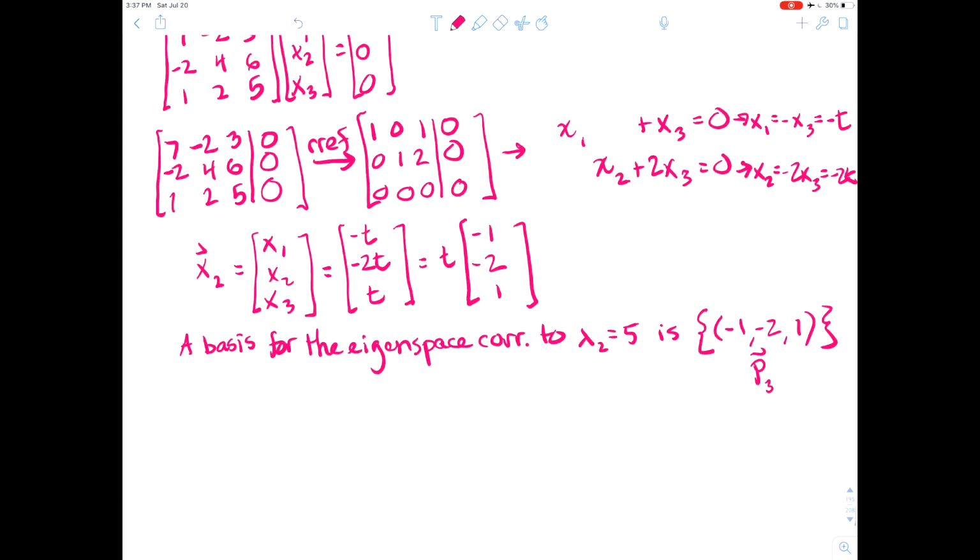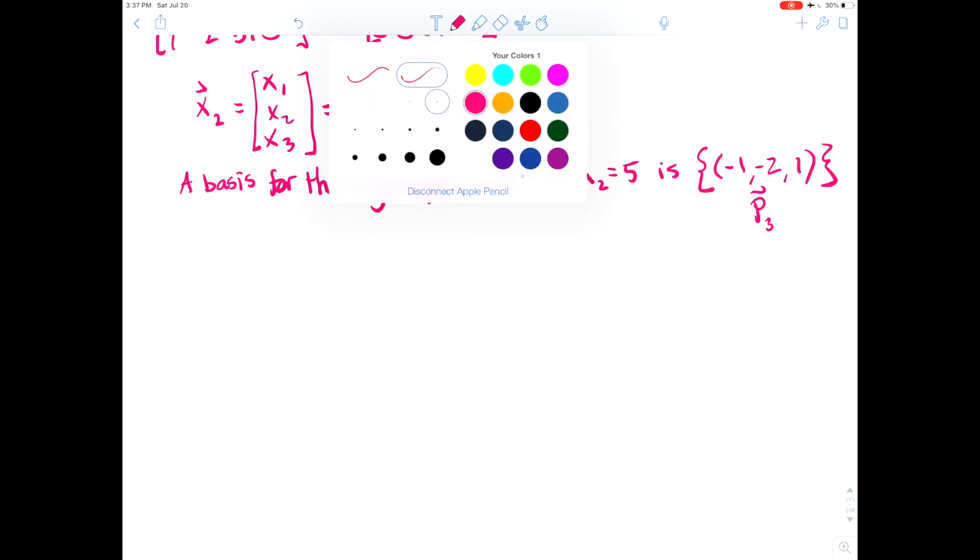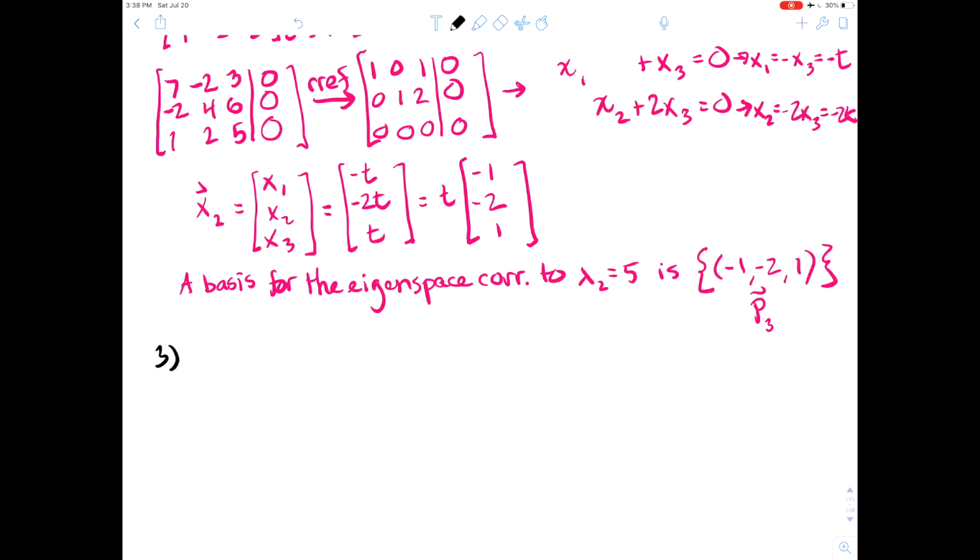So next up, we have our P. Putting it all together.